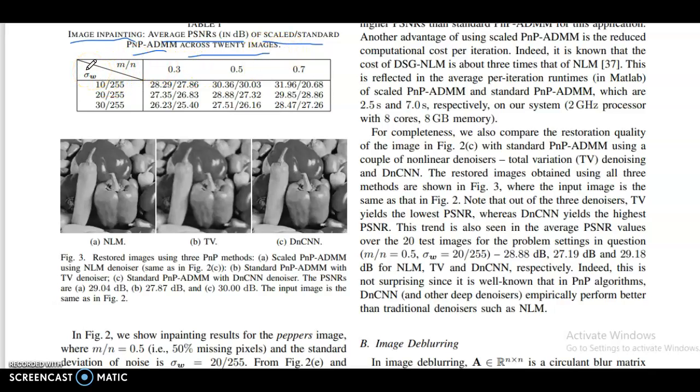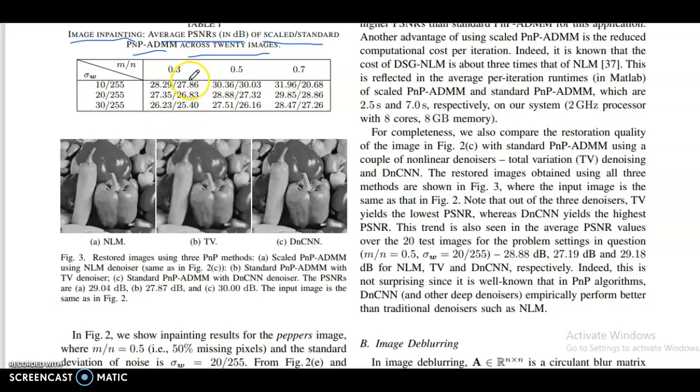Sigma omega values are 10 by 255, 20 by 255, 30 by 255, and m divided by n values are 0.3, 0.5, 0.7.